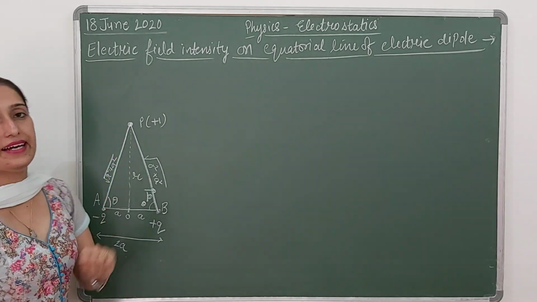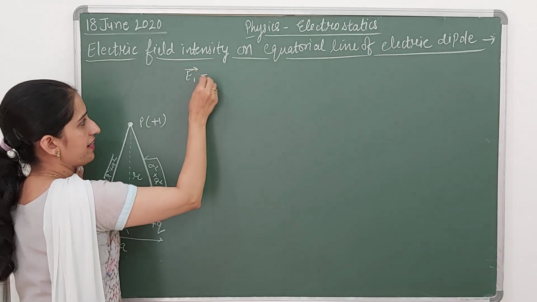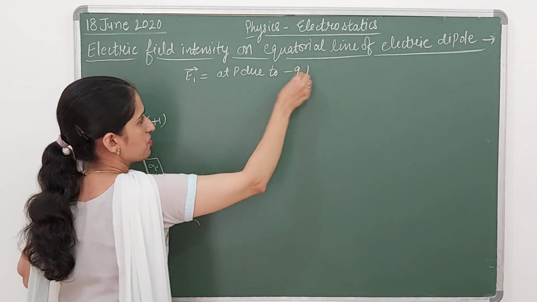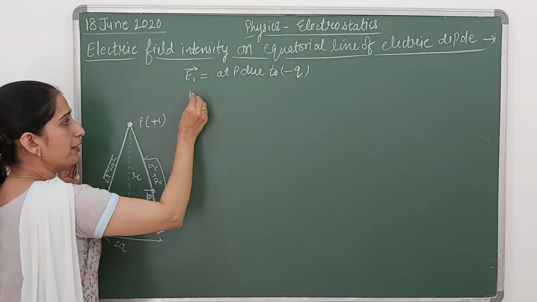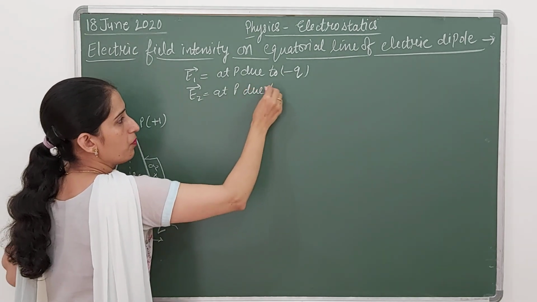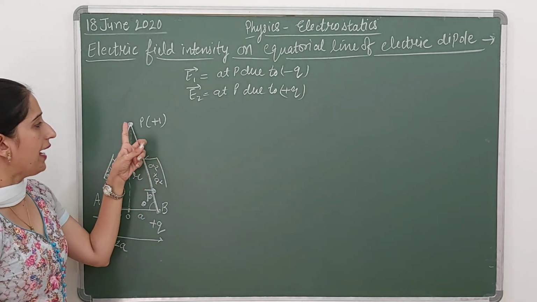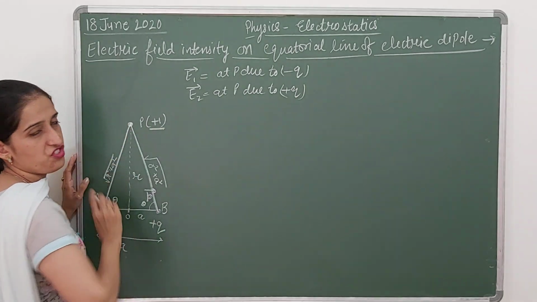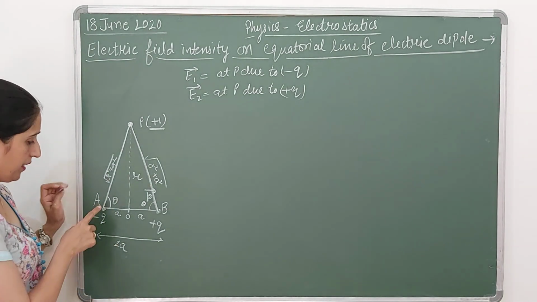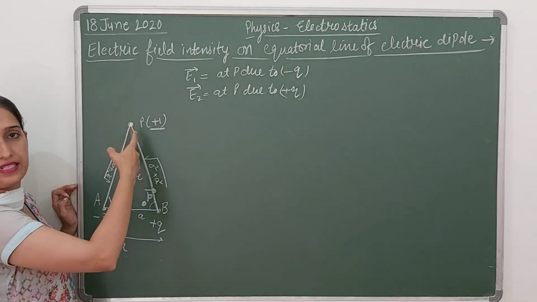Let's start to calculate the electric field intensity. Let E1 be the electric field intensity at P due to the negative charge minus Q, and E2 the electric field intensity at P due to the positive charge plus Q. And we imagine that at point P a unit positive charge is present. So at point A we have the negative Q charge and here is the unit positive charge.